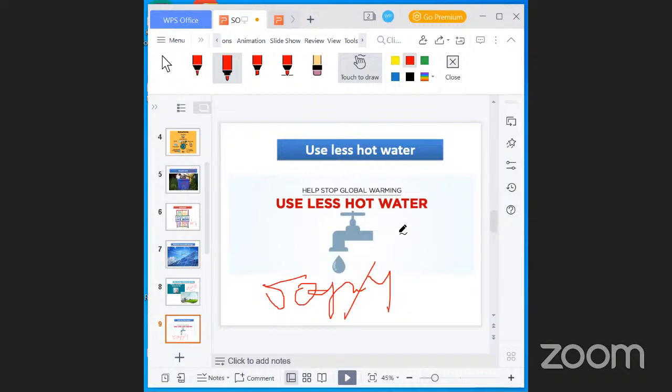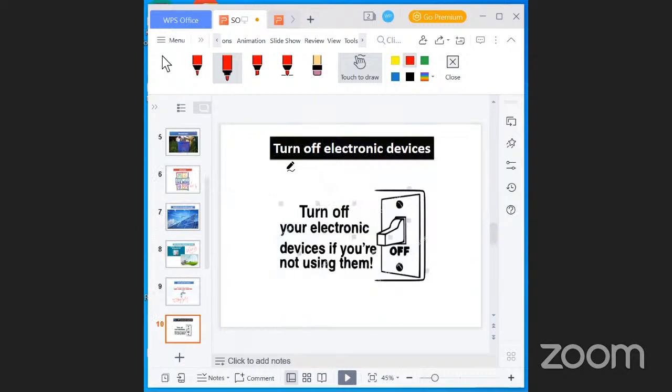And stop using hot water to wash your clothes. And try installing energy efficient geysers so that it consumes less energy, right? And next we are going to turn off your electronic devices.